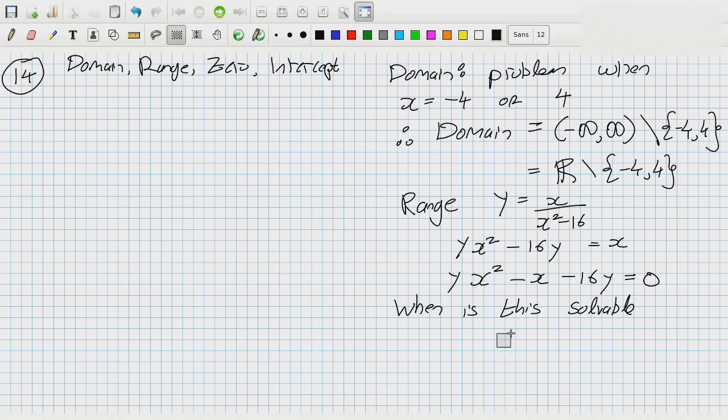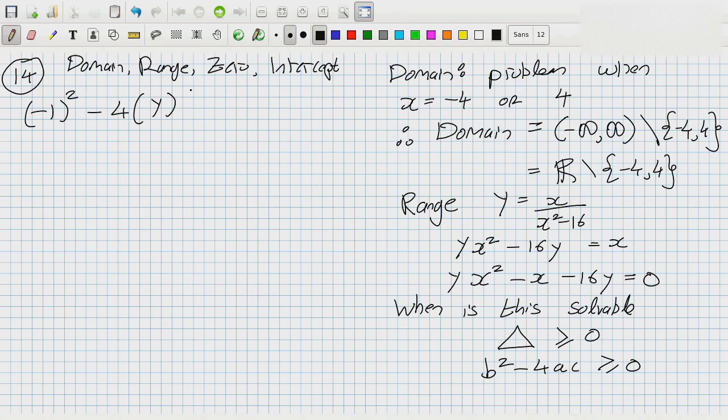And the answer is when their discriminant is greater than or equal to 0. In other words, when b squared minus 4ac is greater than or equal to 0. So that would be minus 1, that's the b squared, minus 4 times a, which is y, times c, which is minus 16y. That needs to be greater than or equal to 0.